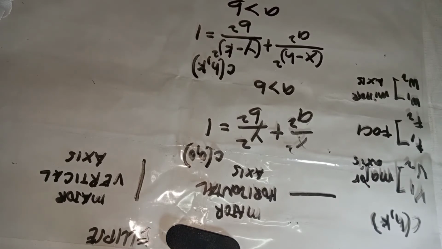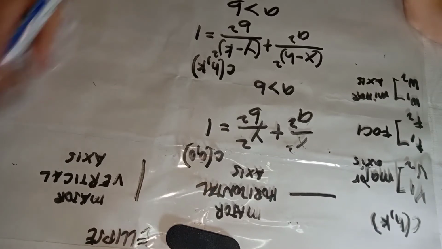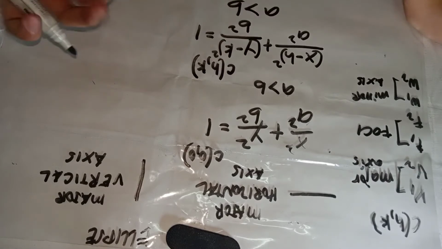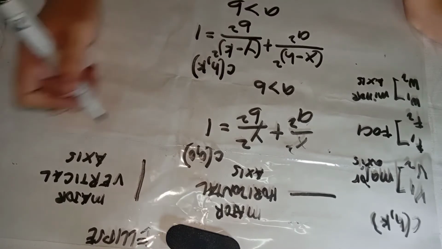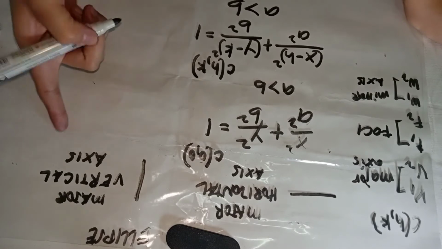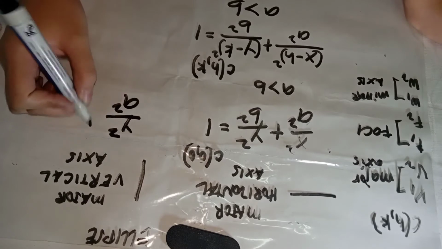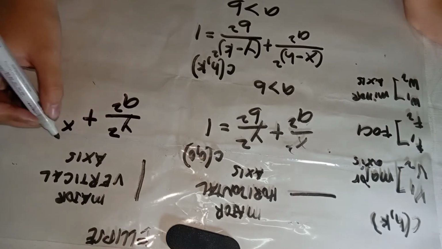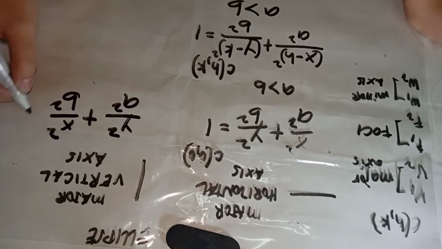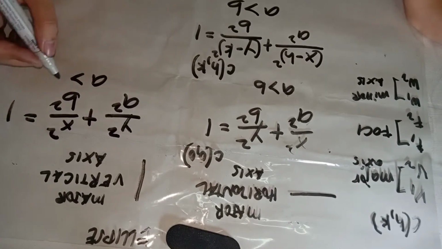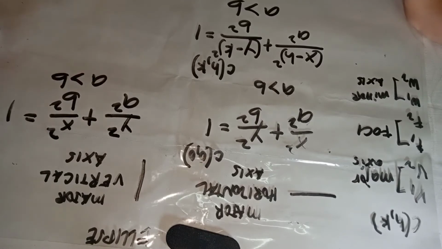Okay, so now, how about the major vertical axis? So vertical at saka horizontal, almost the same po sila ng formula. So for the vertical axis, it is y squared over a squared plus x squared over b squared is equals to 1, where a again is greater than b. Okay, where the center is located at the origin.